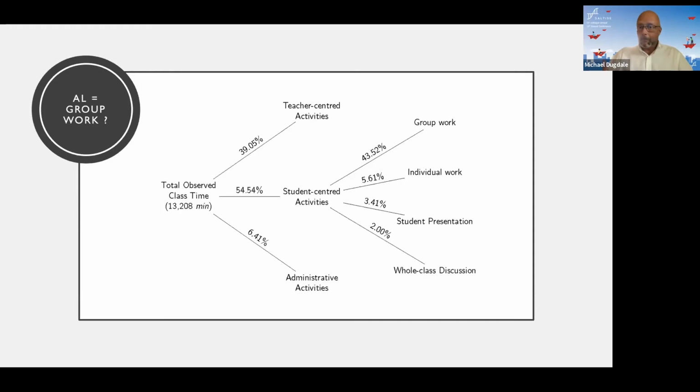Active learning is a big idea, but when it comes down to it, when you look at it, about 80% of active learning activities, of student-centered activities, about 80% of that was devoted to group work.